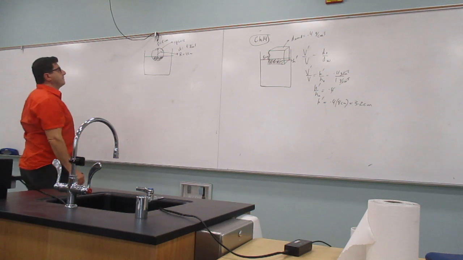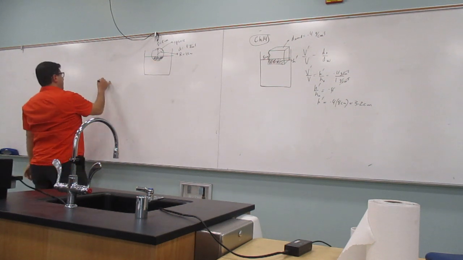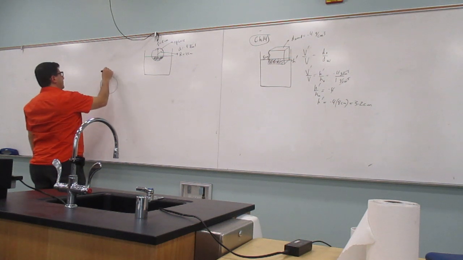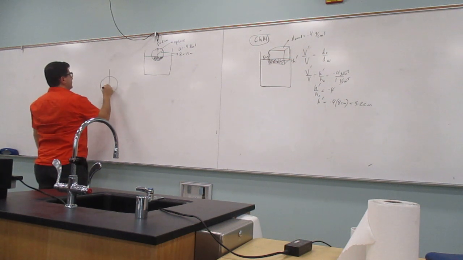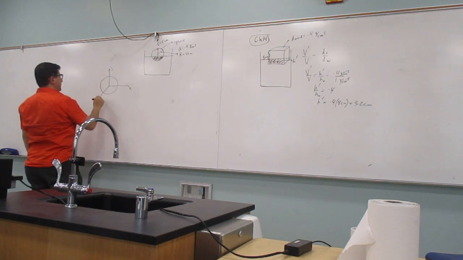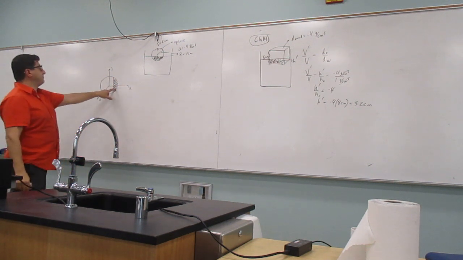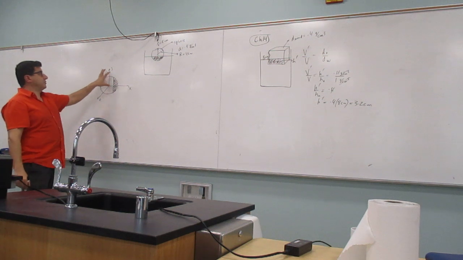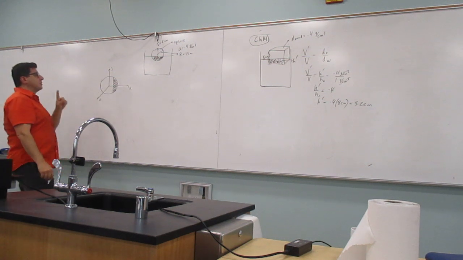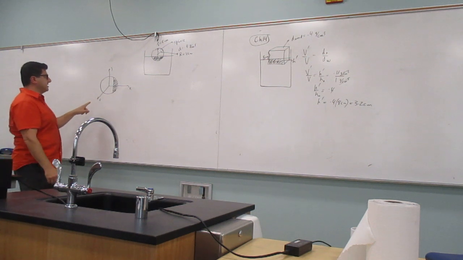So we want to find an equation for the volume of a portion of a sphere. We'll draw the sphere like this, and we want to know the volume of a portion of a sphere like this as compared to the volume of the total sphere. The best way to do this is in Cartesian coordinates, x, y, z.